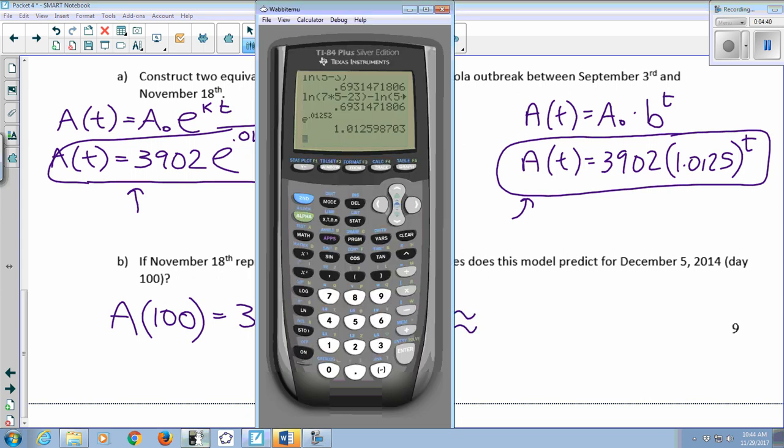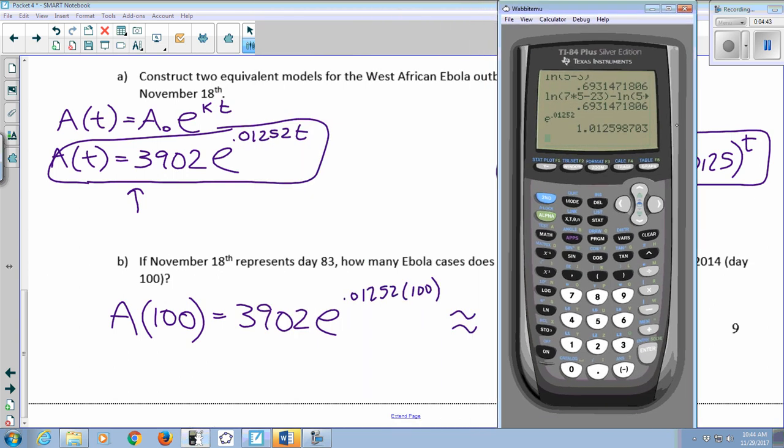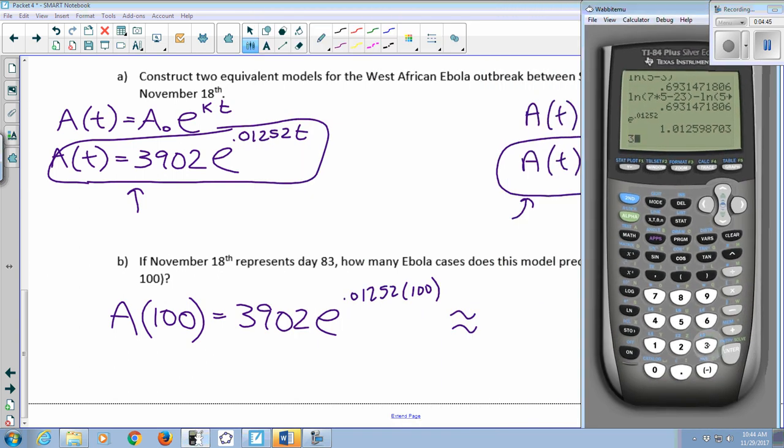And let's see what my calculator says here. 3,902 times e to the 0.01252 times 100. Oops, I pressed ln. Let's do it again. 3,902 times, there we go, 0.01252 times 100.